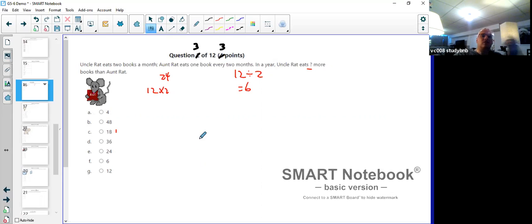So anyway, the difference here is 24 take away 6 is 18. All right, so 18 is the answer. Uncle eats 24 and Aunt eats 6. 24 subtract 6 is the difference, right? If you want to know how many more something is, you have to use subtraction.